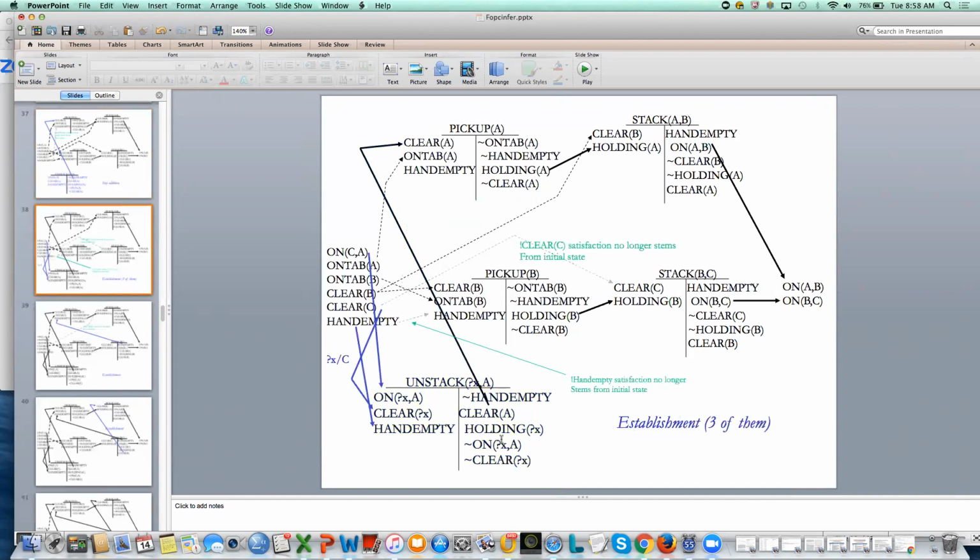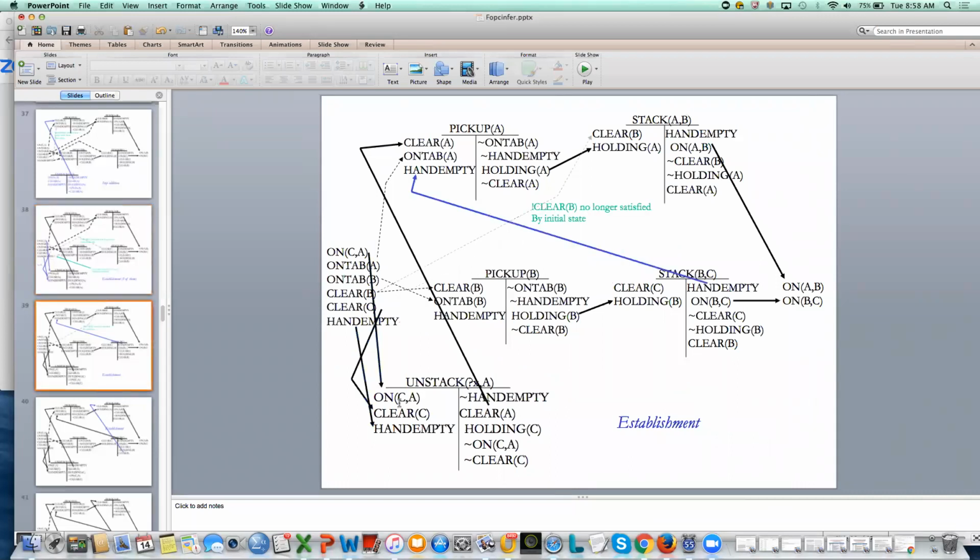The process continues for, in this case, quite some time. We can find that all of the preconditions for unstack are unifiable with conditions that are specified in the initial state with the appropriate bindings.